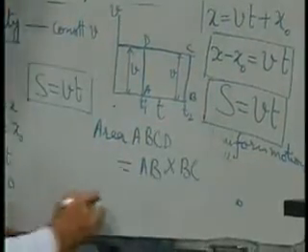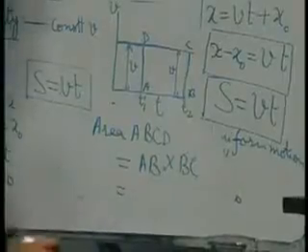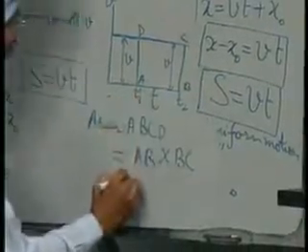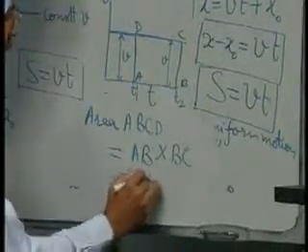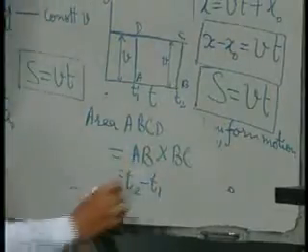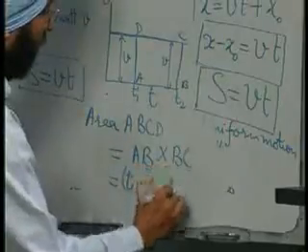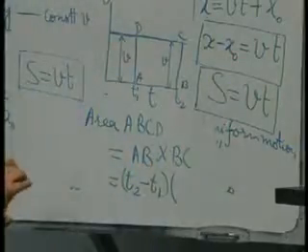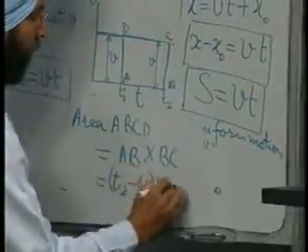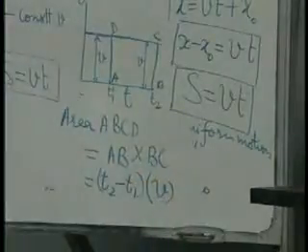What is AB? AB is T2 minus T1. What is BC? BC is V, velocity.